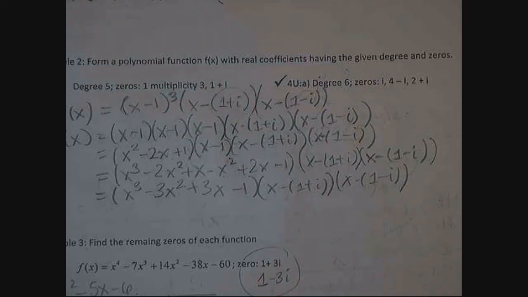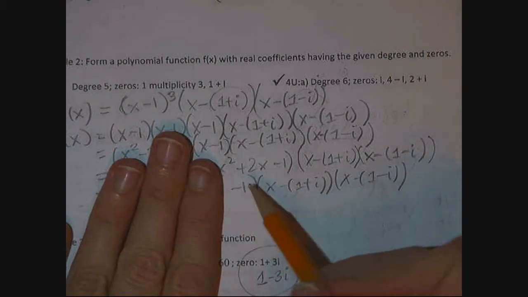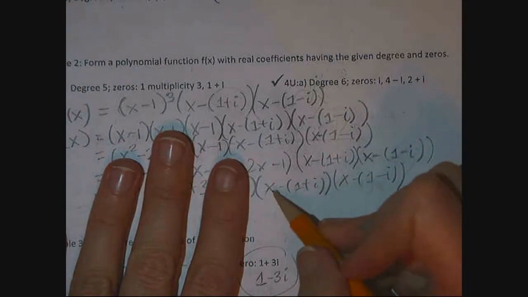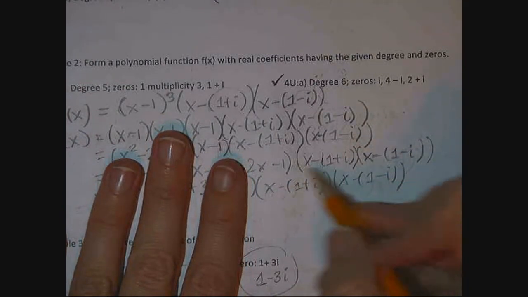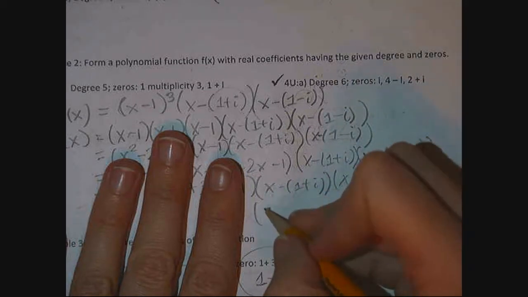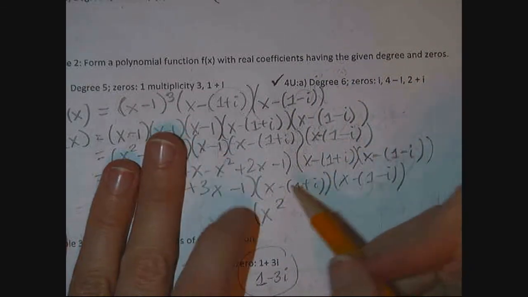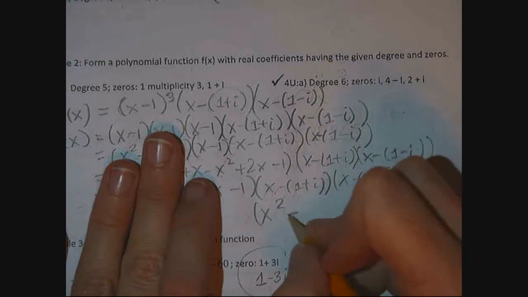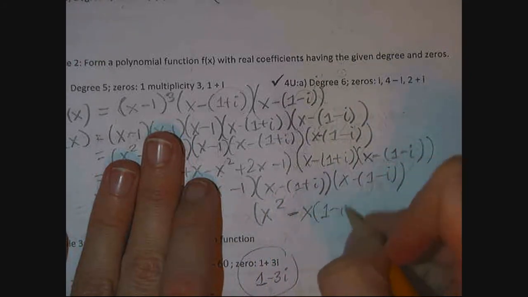Now this part is really just FOILing. It's just a bit more complicated FOILing. So we're going to ignore this part for now and just concentrate on what we're doing with these two. So if I FOIL, I have my firsts, my x times my x, which is just x squared. My outer, x times negative 1 minus i, which gives me negative x times 1 minus i.